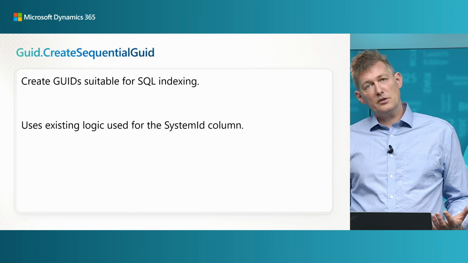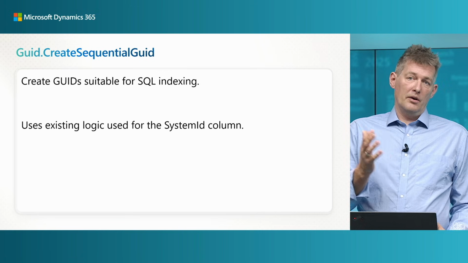The first is about, actually, all the way back to when we introduced system fields, system ID, and so on. We wanted to have an identifier on all rows, but in something that would also be performant when you index over it. That's why a GUID is great, but GUID is horrible for indexing.